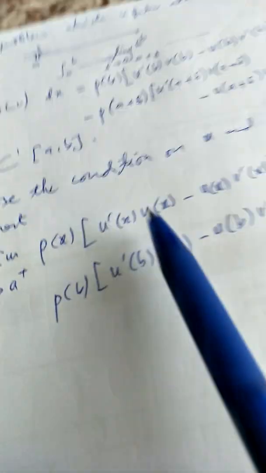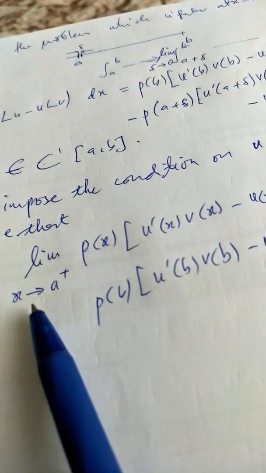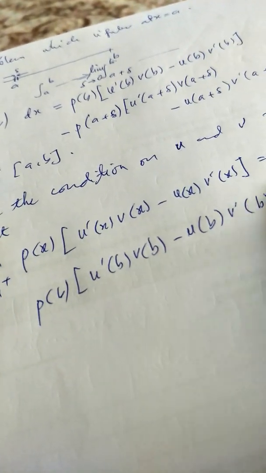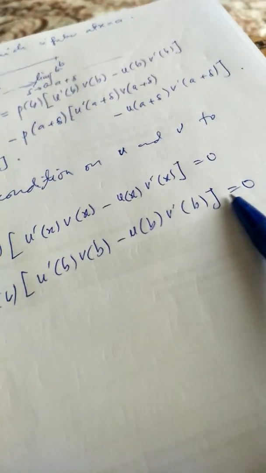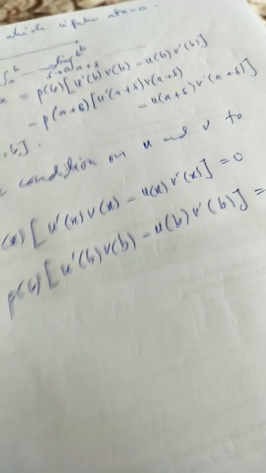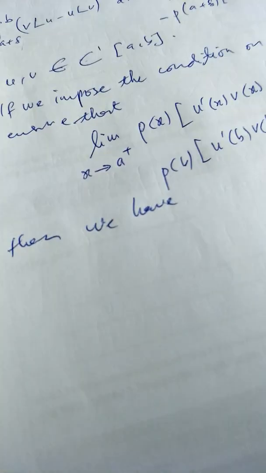So if we impose this condition, x approaches a from positive, that's 0, and at the other point, the point b, this is also 0, then what happens to the property that we have? Then we have this integral from a to b of v Lu minus u Lv, this is 0, which is true again. Then this relation is again true.